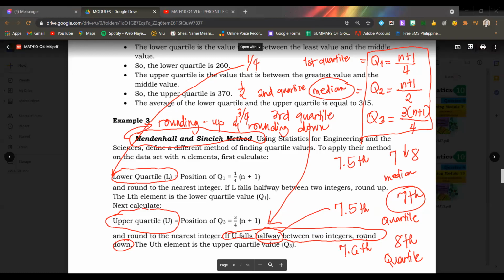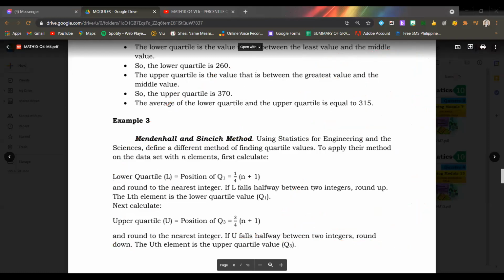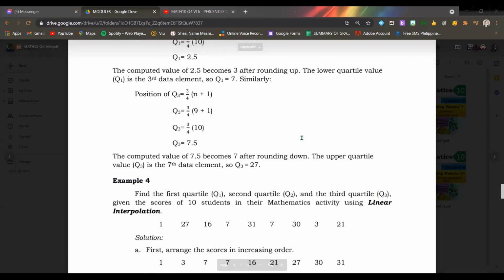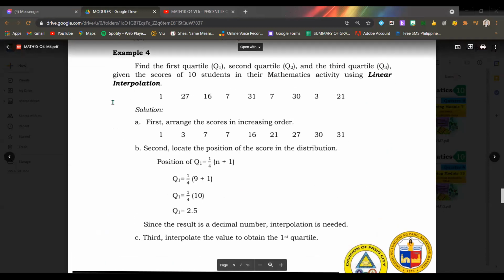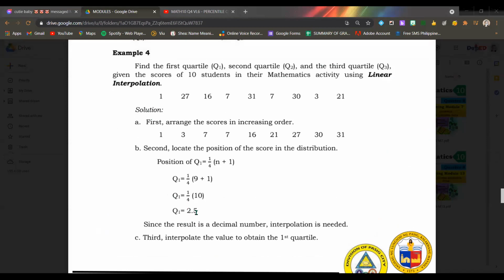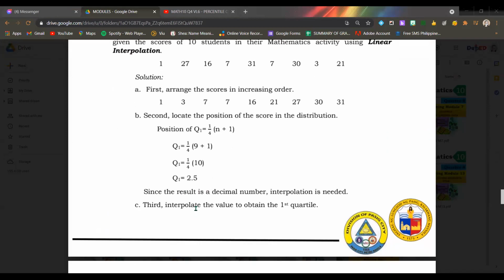Okay? Hindi tulad kapag itong isang method yung ginamit natin, makikita niyo mamaya, magbibigay pa ako ng example para mas maintindihan niyo. Hindi tulad kapag linear interpolation yung gamit natin. Pagkatapos mo siyang i-locate, yung 0.5 na yan really matters. Bakit?